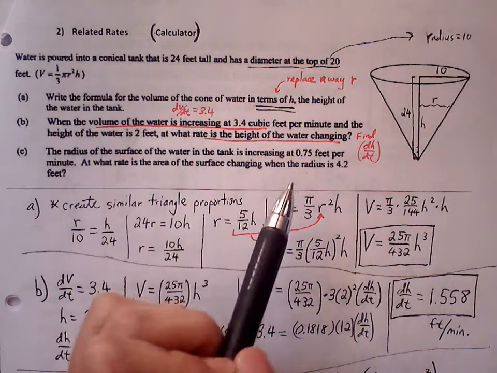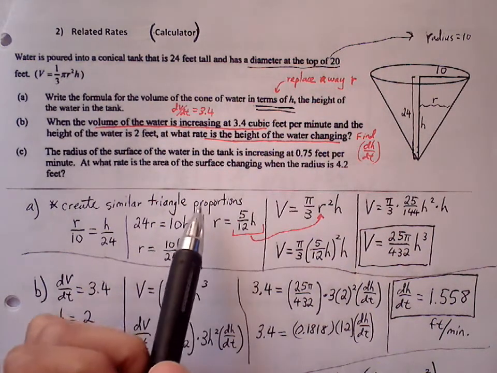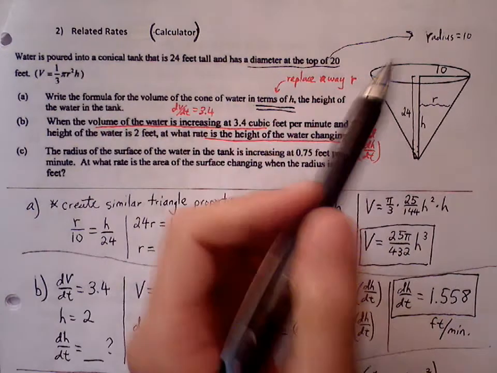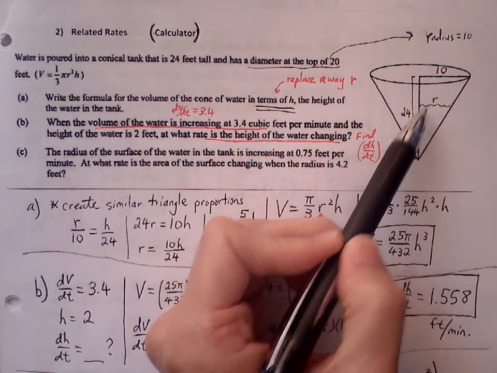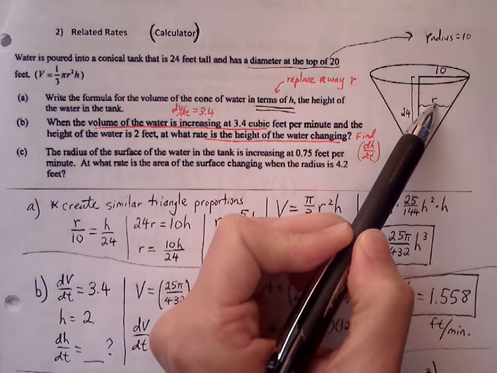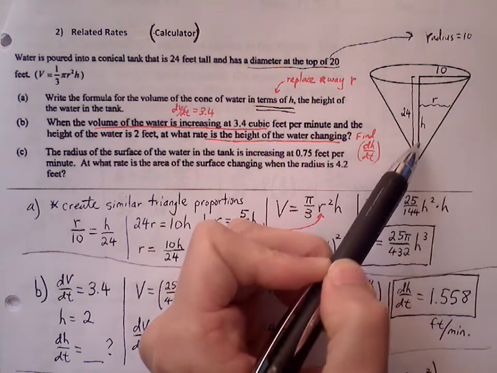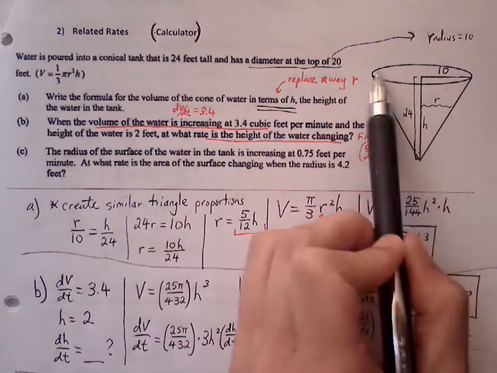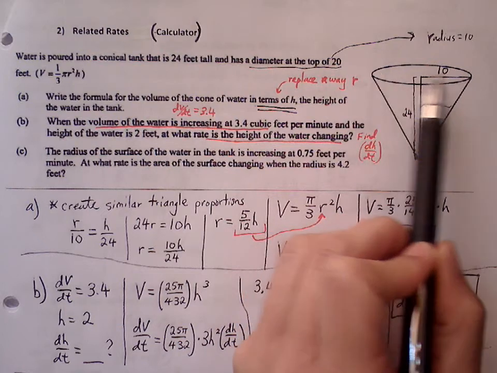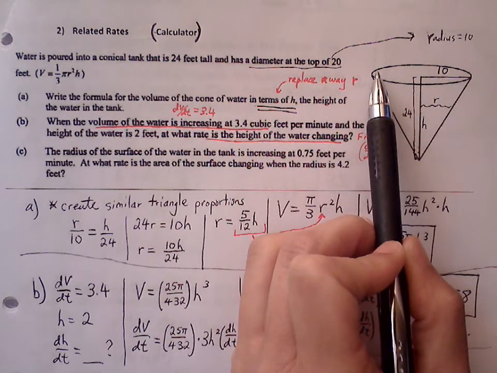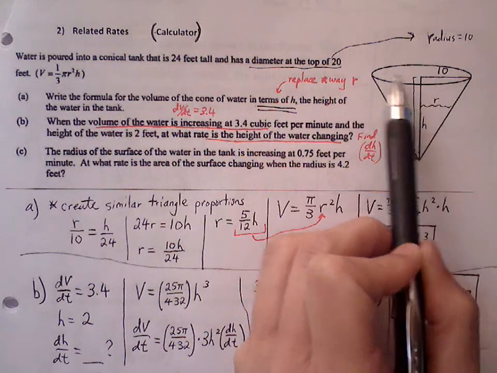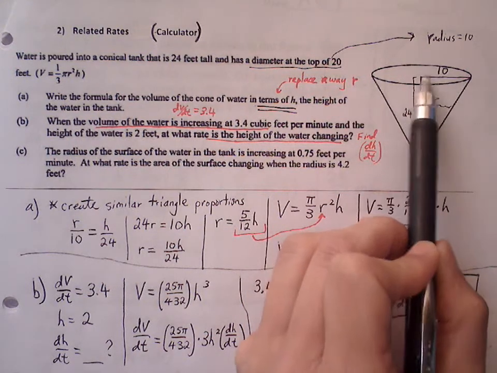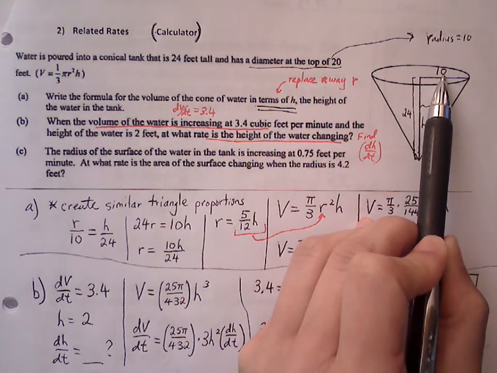First things first, though, let's create a similar triangle proportion that will help us find the relationship between the radius and the height of the water level. Because the diameter at the top of the cone tank is 20 feet across, the radius must be 10.